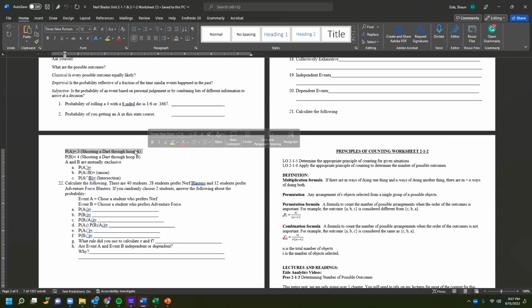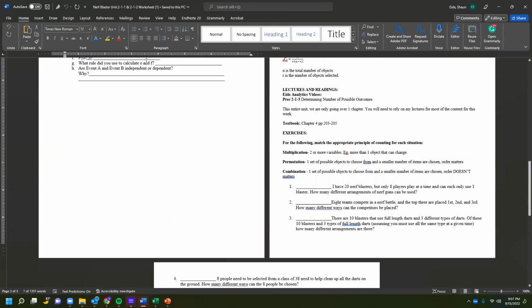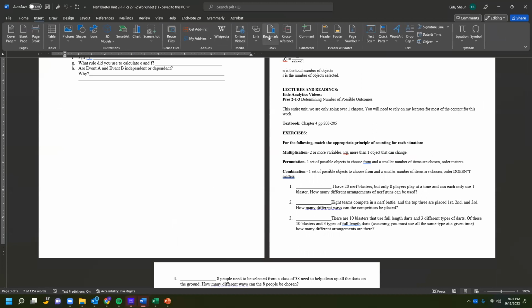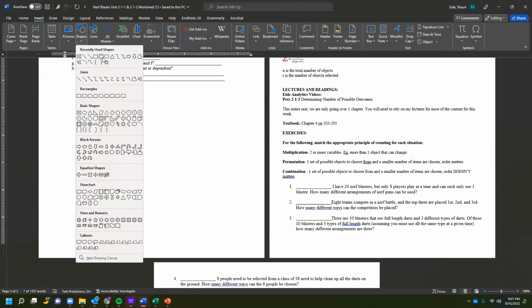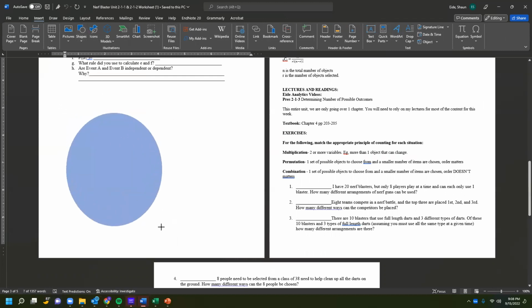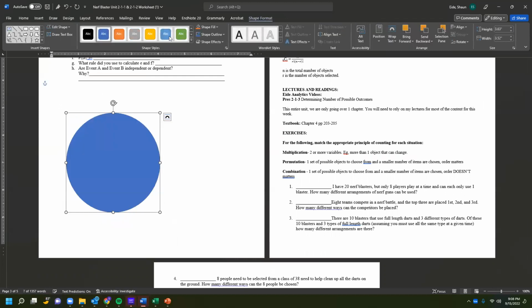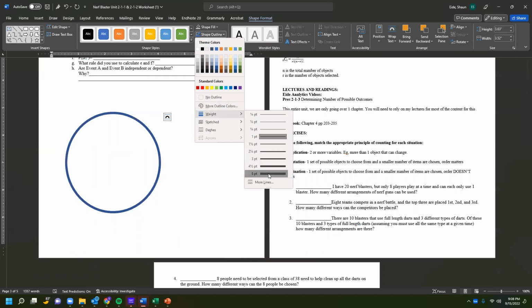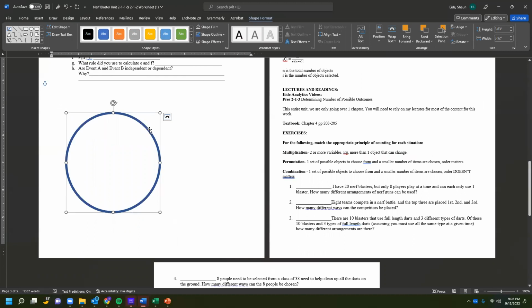With this Nerf ball, imagine that I have two hula hoops, and I'm holding up two hula hoops, and I'm going to make a visual right here. Insert image shapes. Okay, and so I've got a circle right there, shape fill, no fill.